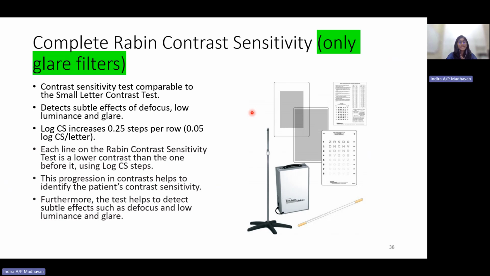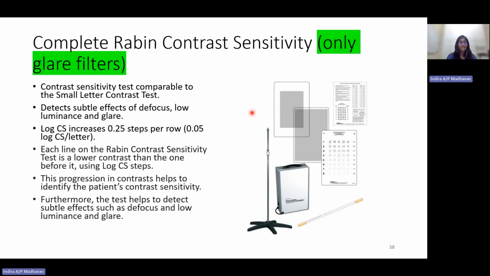Okay. So there are many charts that we have to test the contrast sensitivity. One of the tests is this Pelli-Robson contrast sensitivity chart. It is comparable to the small letter contrast test. It detects subtle effects of defocus, low vision, low illuminance, and glare.